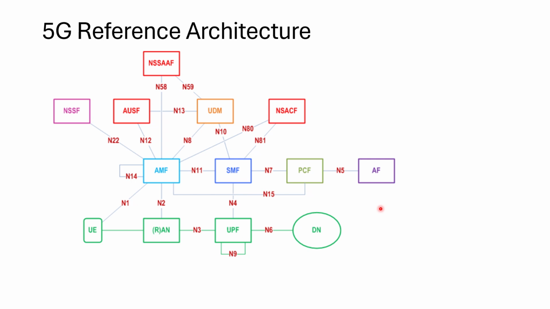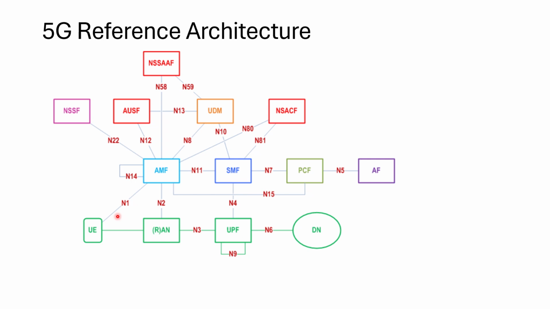Now we have divided it into some parts. Let's look at these red nodes, or you can say these green nodes. This is called the access and user plane, and this is the physical path for your signaling and data. Here the N1 interface is for NAS signaling.